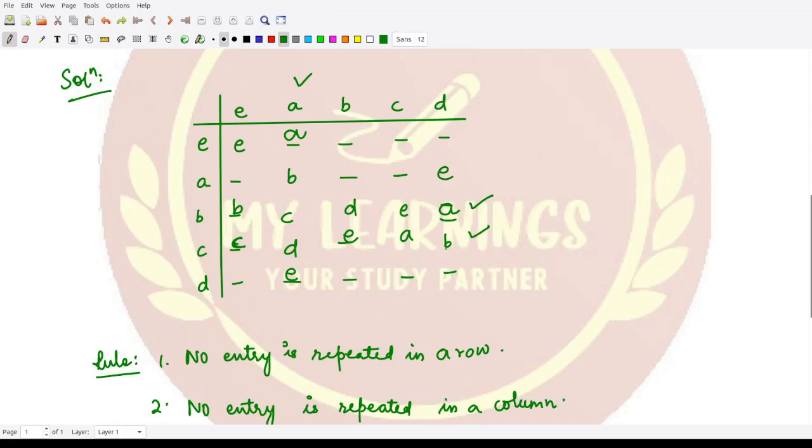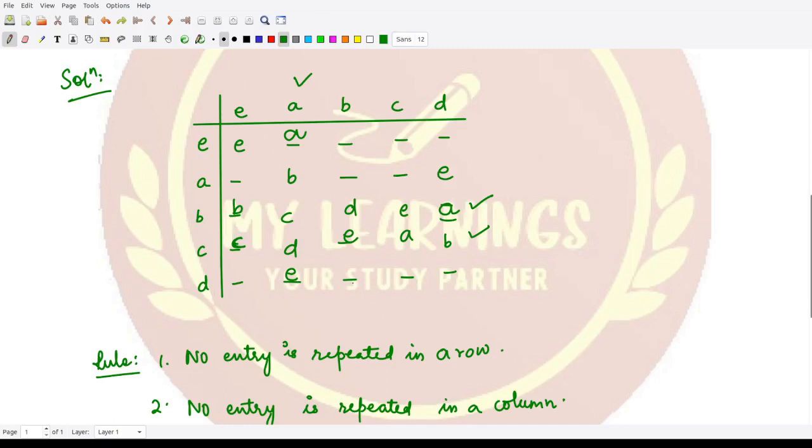We are not certain in this particular case. So how do we proceed then? For this one, we can write not B, not D, not E. So we can write either A here or C here. Here also we can write C or D, but we are not sure what would appear here.